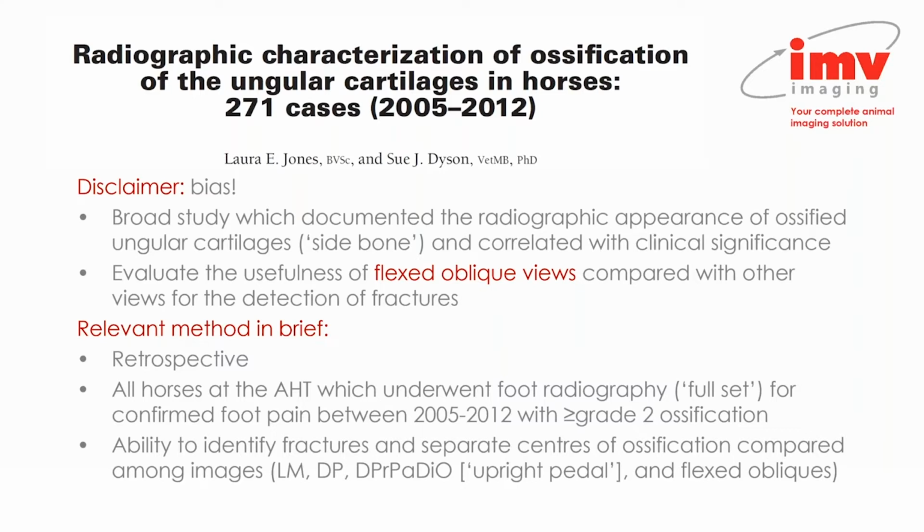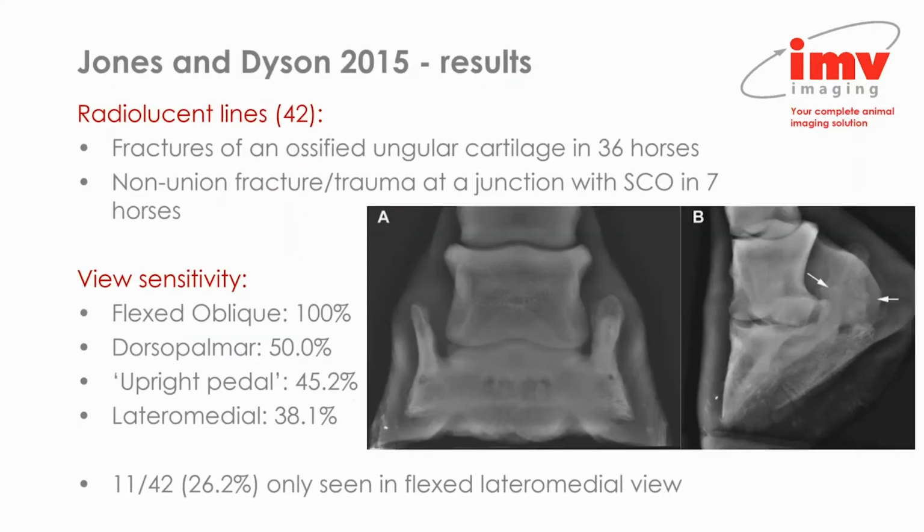To assess our ability to identify fractures and also separate centres of ossification, we compared lateral medial, dorsal palmar and upright pedal views with flexed oblique views. We identified horses with radiolucent lines in 42 limbs.